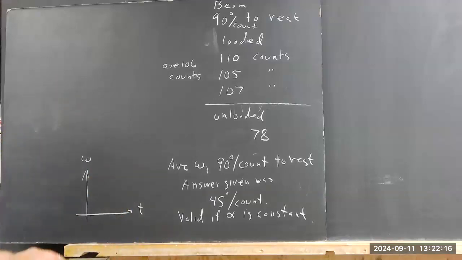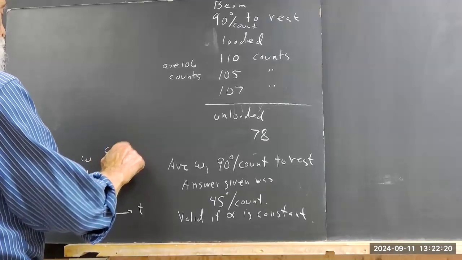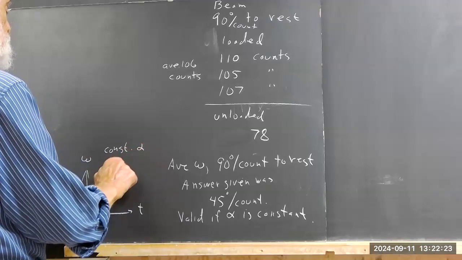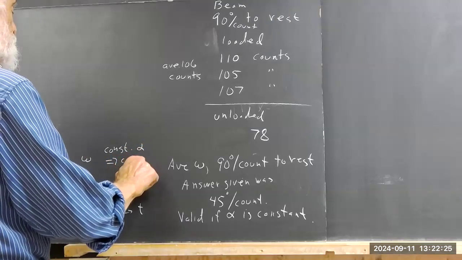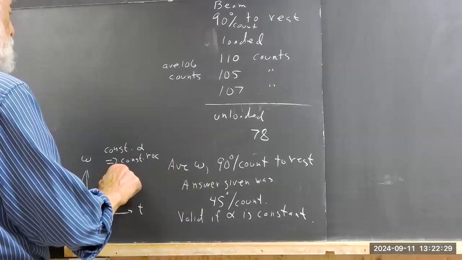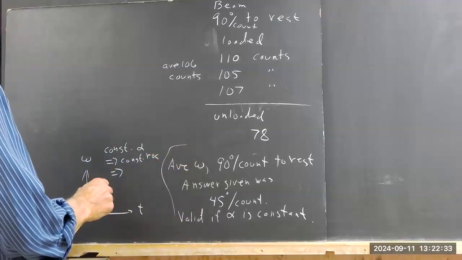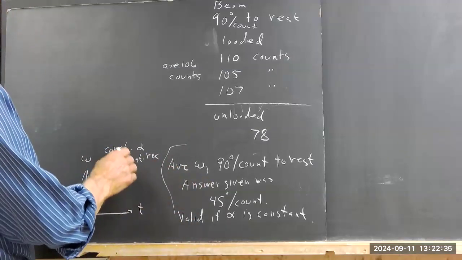So the reasoning is constant alpha: constant rate of change of omega with respect to t, but I'm not writing out all the words, desirable as it might be to do so.